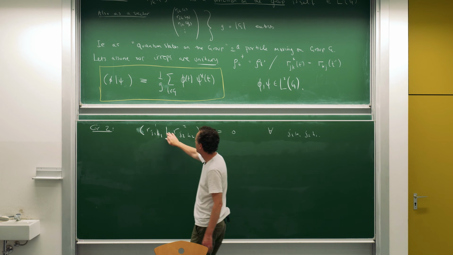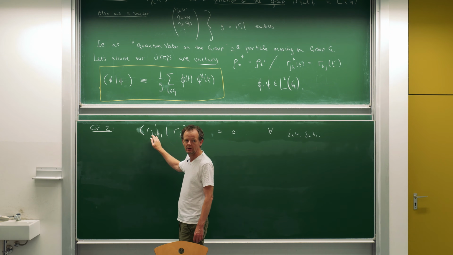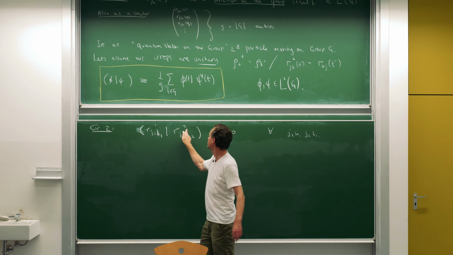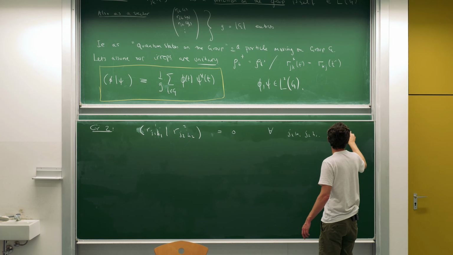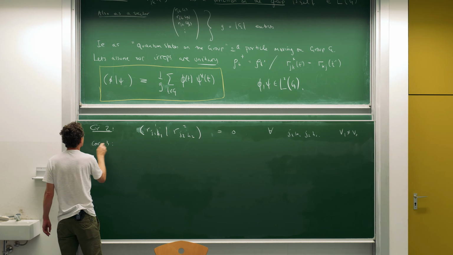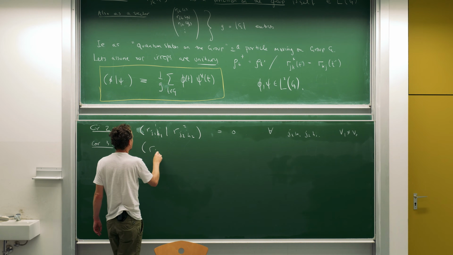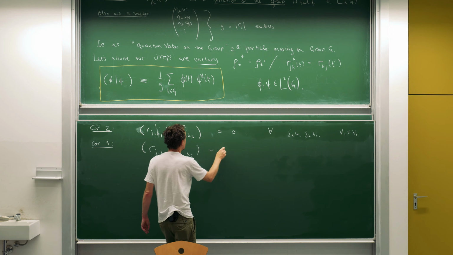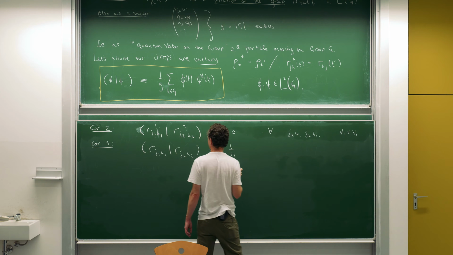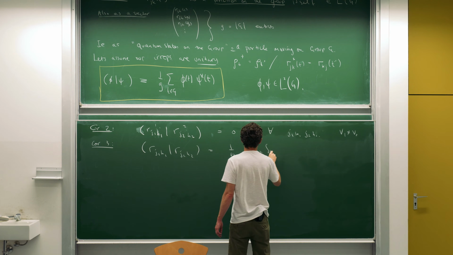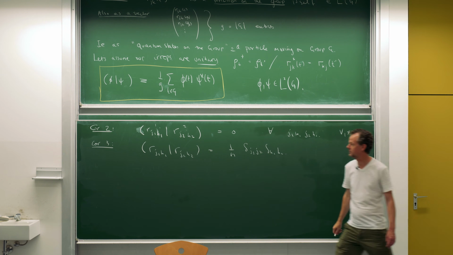Doesn't matter which entry of the representation you're looking at here, that vector is always orthogonal to that vector there, if those two representations are unequal, right? And if they're equal, then we get that.